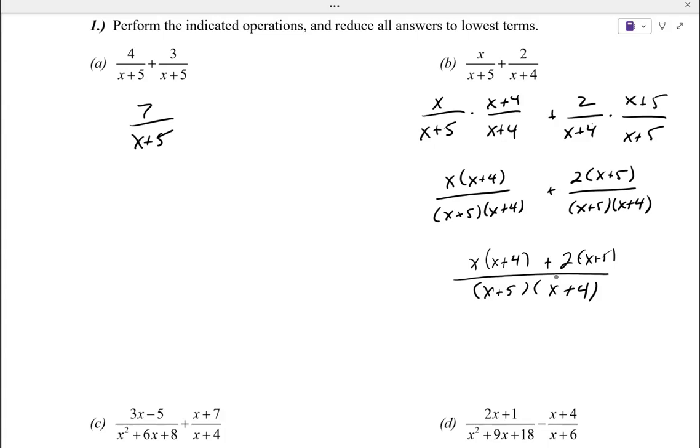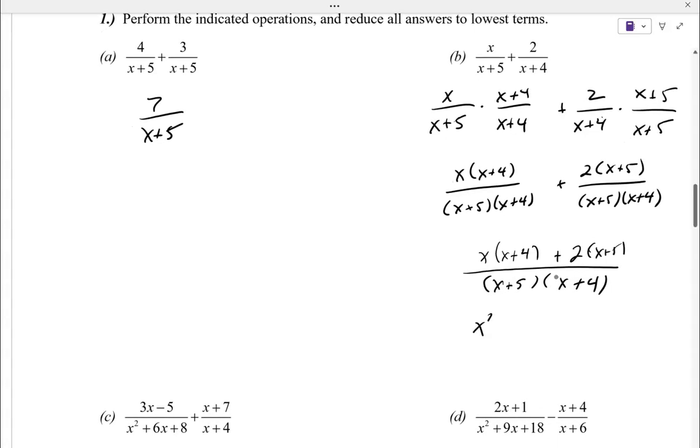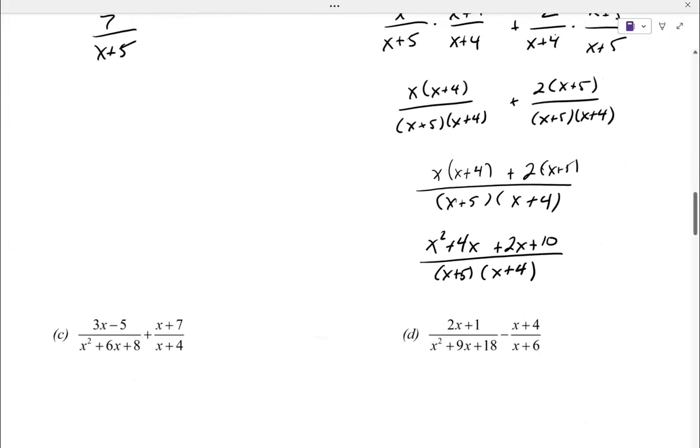Okay. What do you get when you distribute? In the first one you get, okay, and then the second one you get, good. And then when you simplify, you get what?